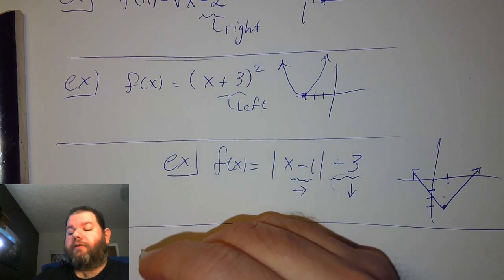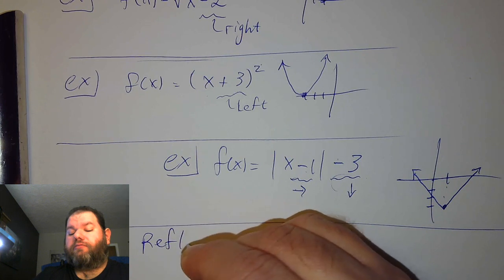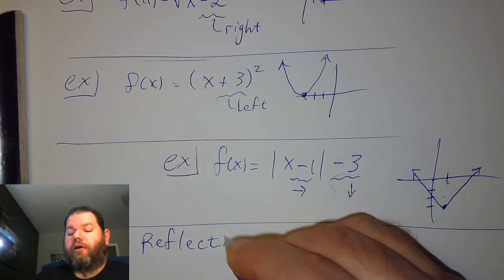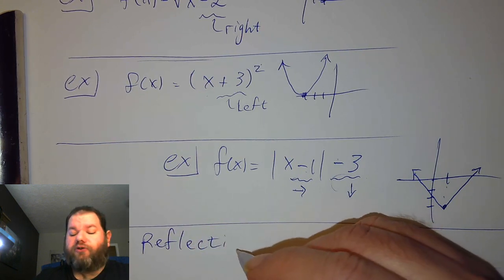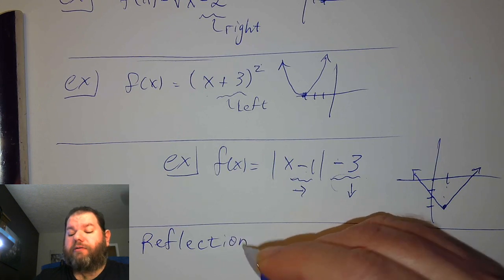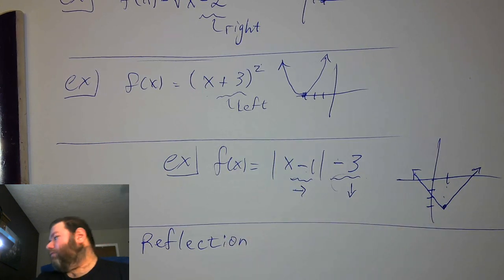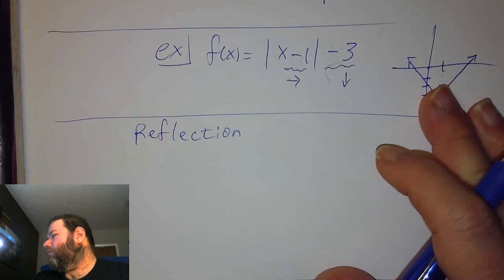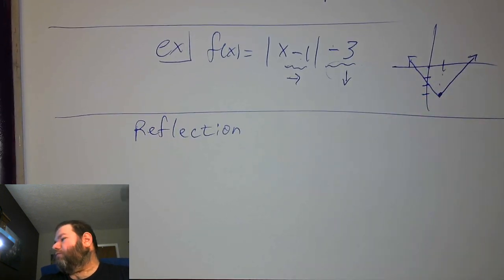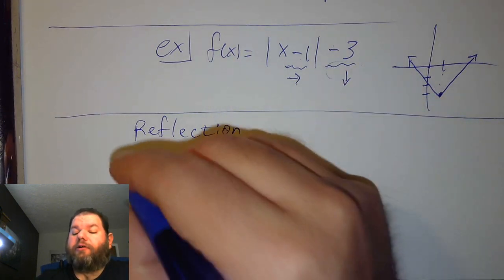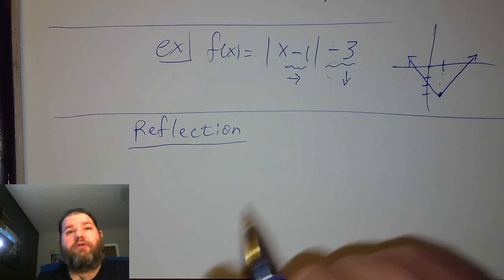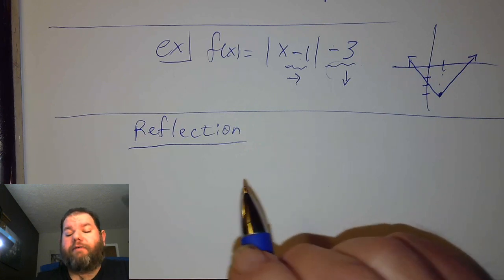The next transformation we're going to look at is reflection. Now reflection occurs when the graph is, or when the function is multiplied by a negative on the outside.